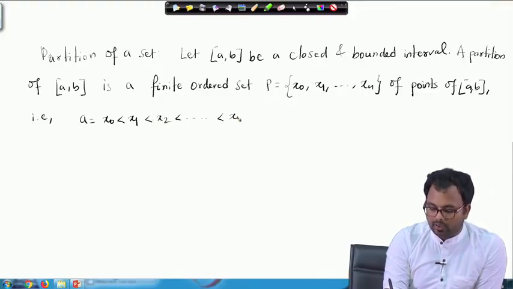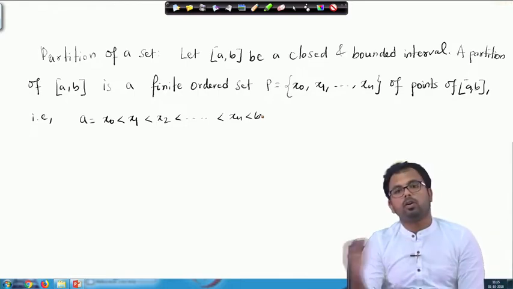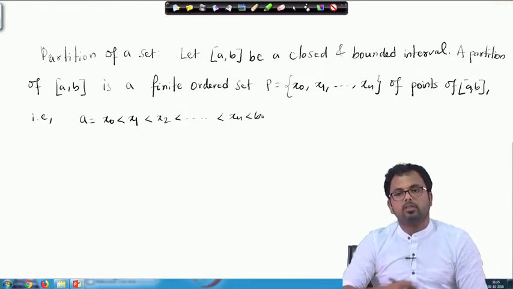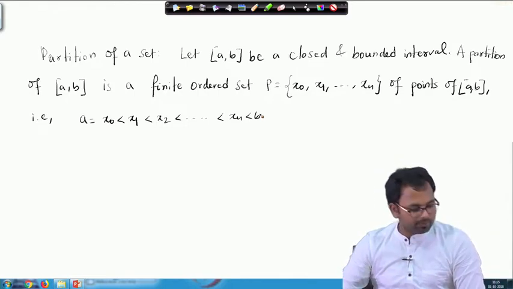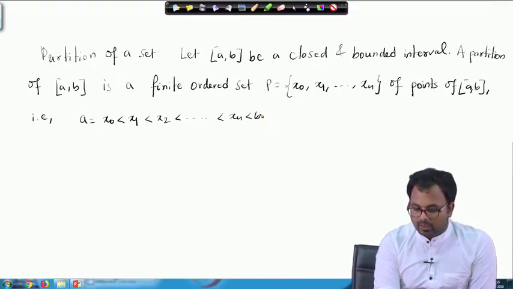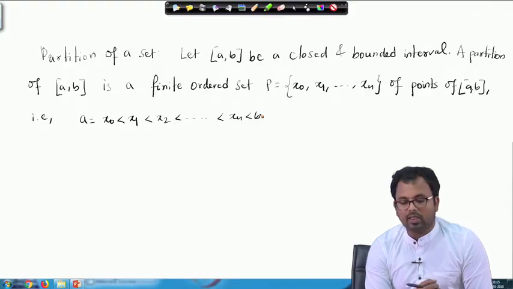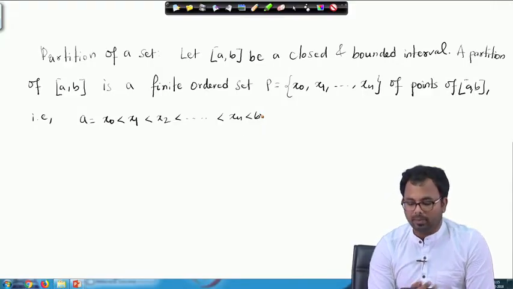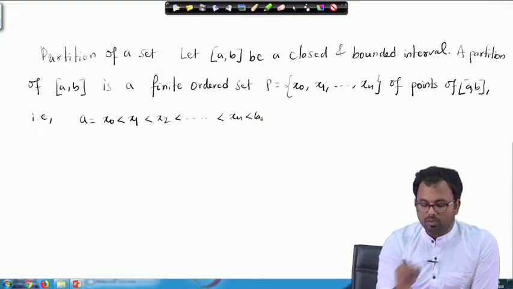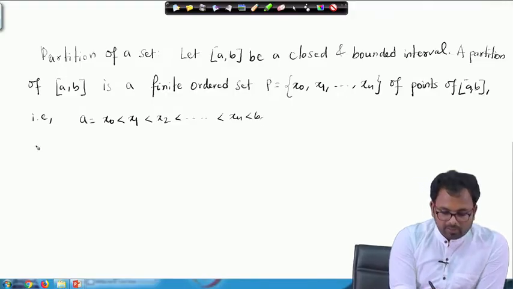So it is basically finite and it is also ordered. You have x0 less than x1, less than x2, and so on. Such a finite ordered set P is called a partition of this closed interval [a, b].